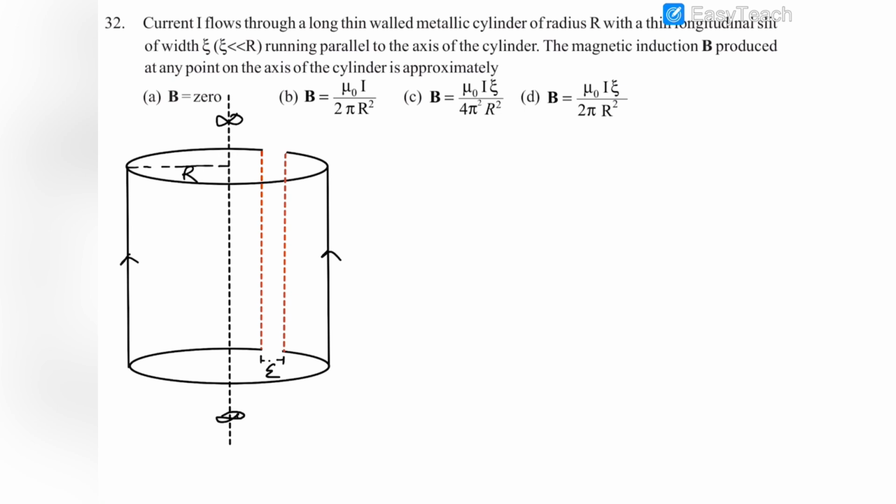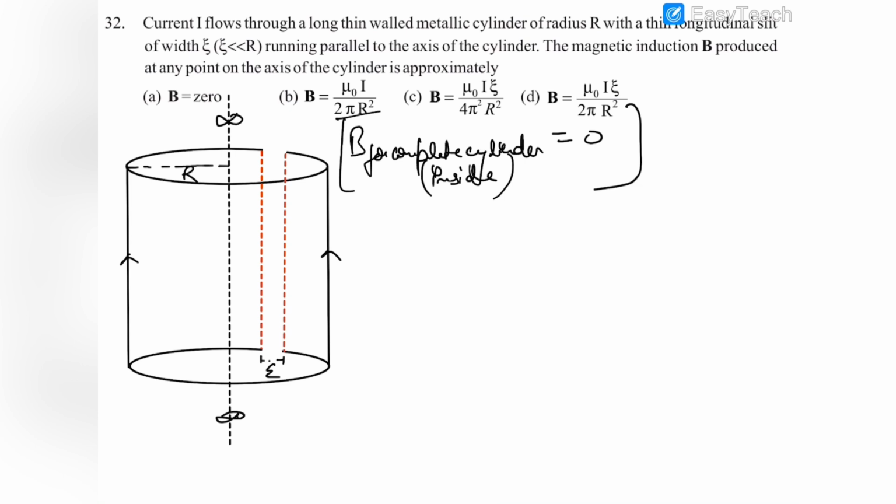We know that for a complete cylinder, B inside it is 0. Therefore we can say that 0 is equal to B1 plus B2.